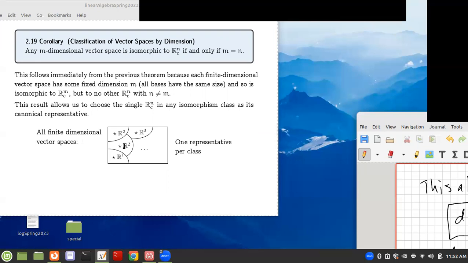So if you know about R2, two-component column vectors, you know about all two-dimensional vector spaces. They're really the same thing, like different avatars, different images of the same structure. So instead of this huge collection of different kinds of vector spaces, no matter where they come from, you already know about them because you know about column vectors.